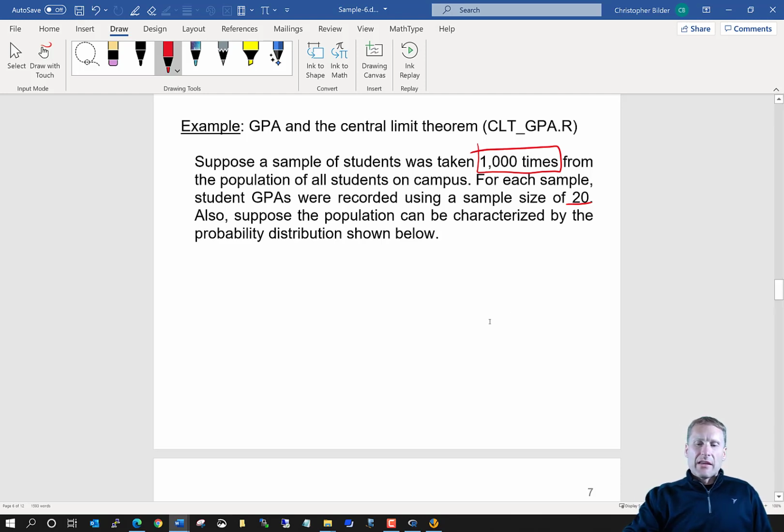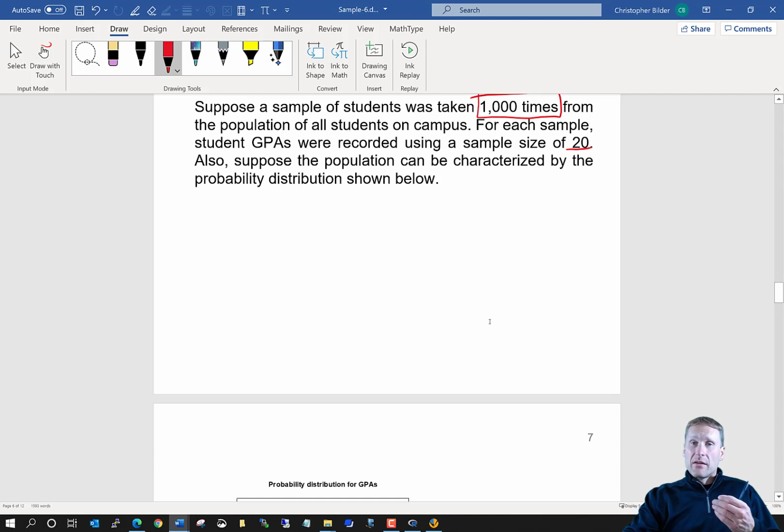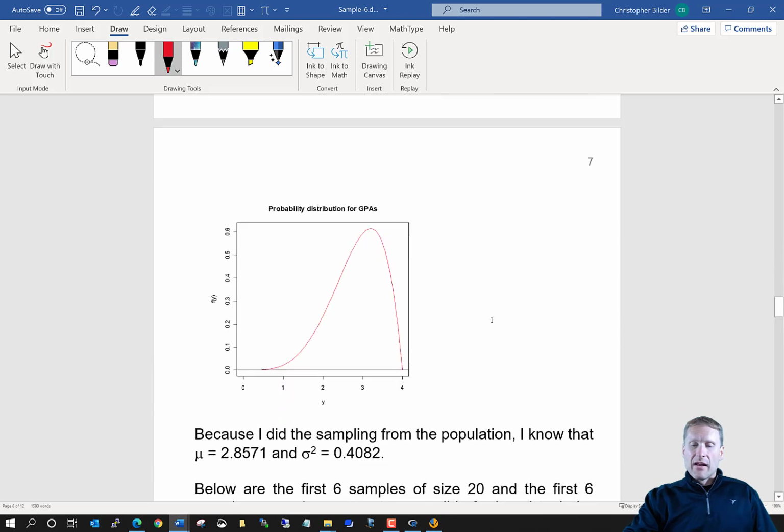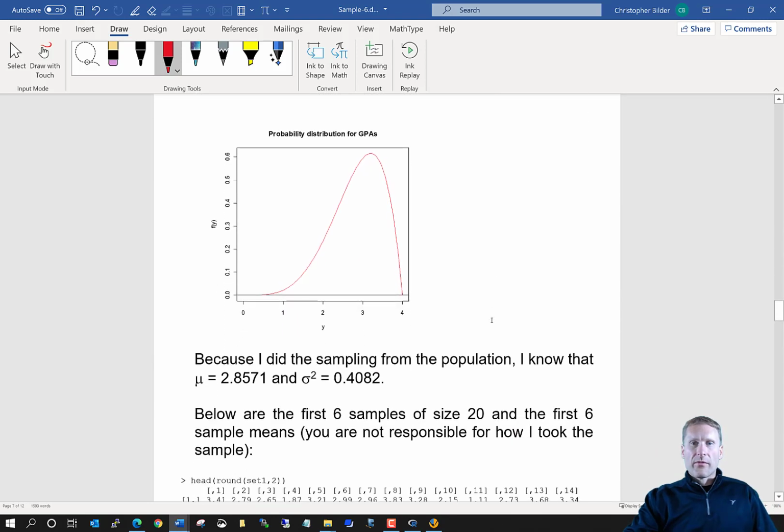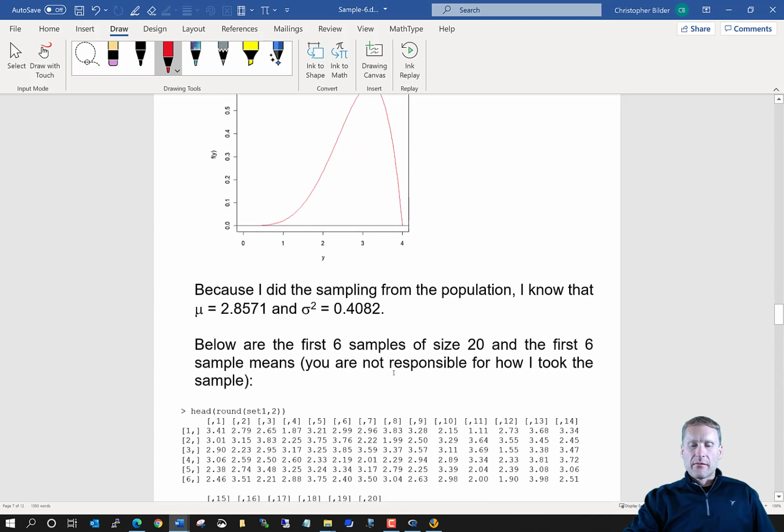Also, let's say that the probability distribution in the population representing these GPAs is what we've seen before, a left-skewed distribution. Remember, in this particular case, the mean GPA was about 2.86, and the variance was about 0.41.